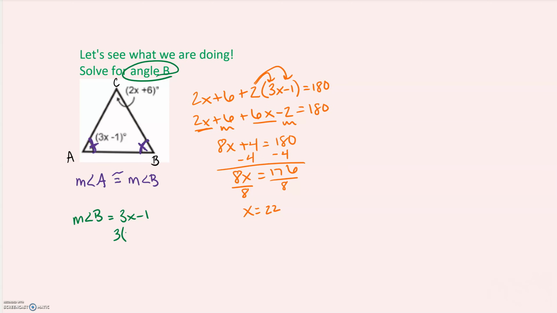So I'm going to say 3 times 22 minus 1 gives me 66 minus 1. So the measure of angle B is going to be 65 degrees. And that's our final answer.